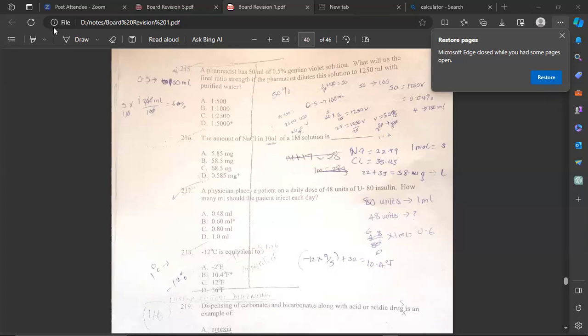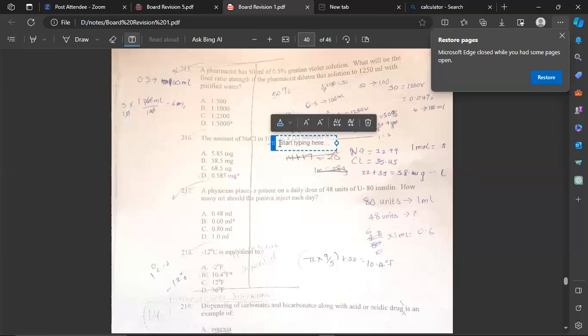The molar mass of sodium chloride is 58.5 grams. You multiply by that 1 times 10 to the power of -5 and you get 5.85 times 10 to the power of -4 grams. Converting it to milligrams, you get 0.585 milligrams. So in short, you get the number of moles in the 10 microliters, then you convert those moles to mass.